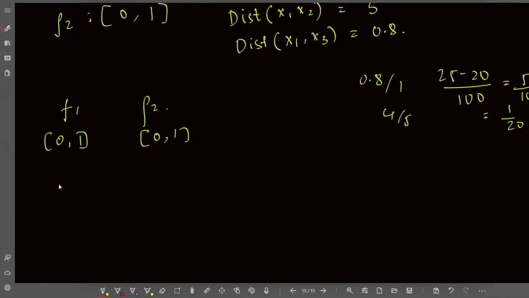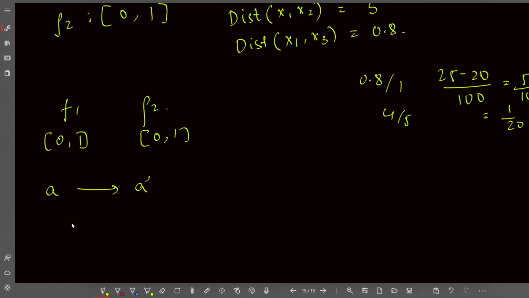How you do that is, let's say for every data point in feature 1, I want to convert it into a dash, which is my new data set.